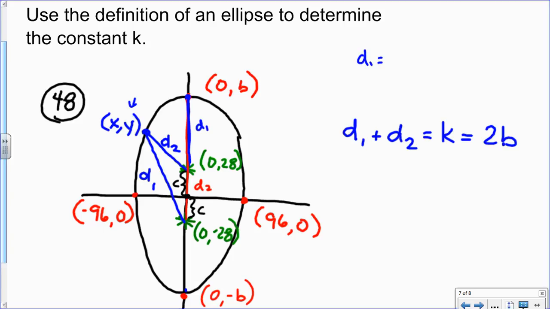And distance 2, this one here, is b plus c.